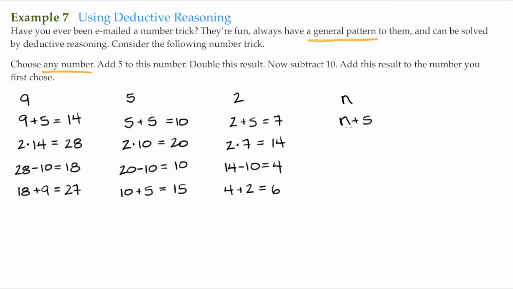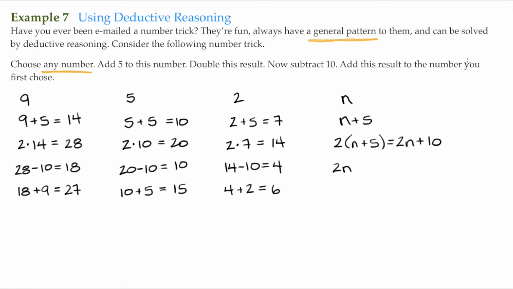Double this result. So I'm going to do 2 times (n plus 5). If we distribute, 2 times n is 2n, 2 times 5 is 10. Now subtract 10. If I subtract 10, I'm left with 2n.